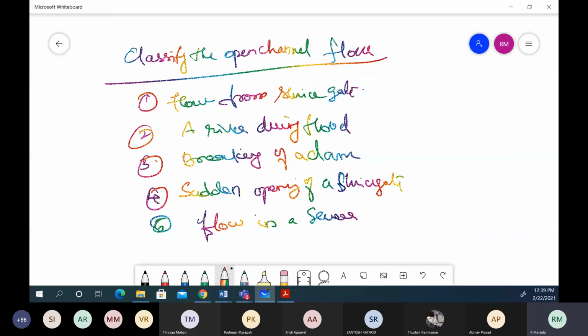Similarly, we can discuss the triangular and trapezoidal channel. That is also available. We will be discussing those components also. Okay, I thought I'll give you some problems. I'm searching for a problem.